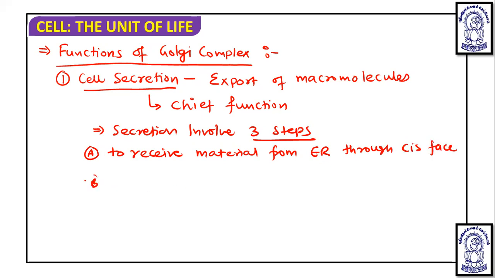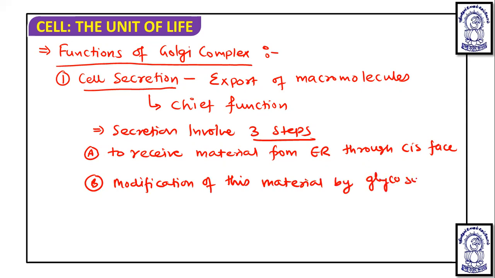Okay. Then the second step is modification of this material by glycosylation or glycosidation of proteins and lipids to form glycoproteins and glycolipids.